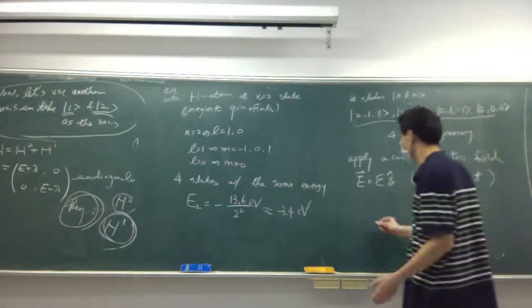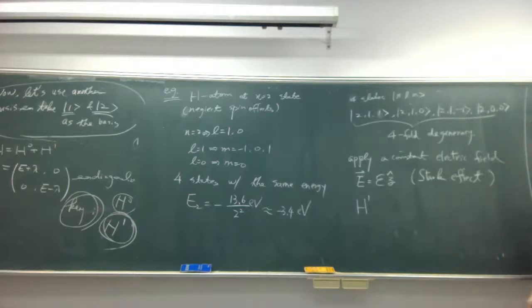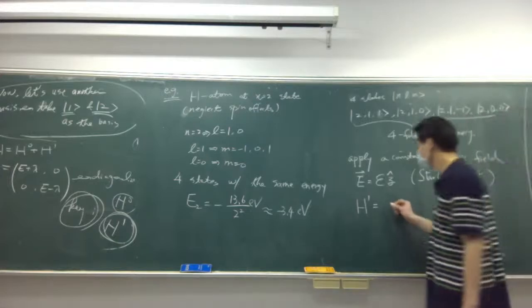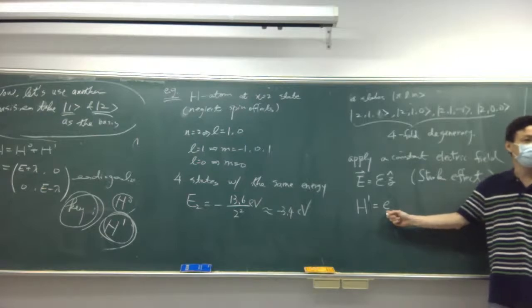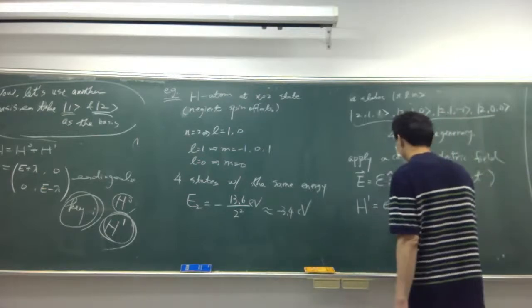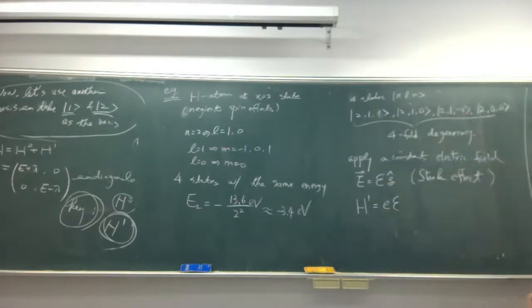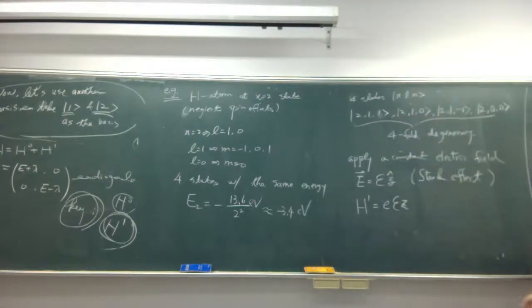What is the additional potential? I treat that as a perturbation. It is e, the electric charge of the electron, times the electric field in the z direction, e epsilon z. This is my perturbation.